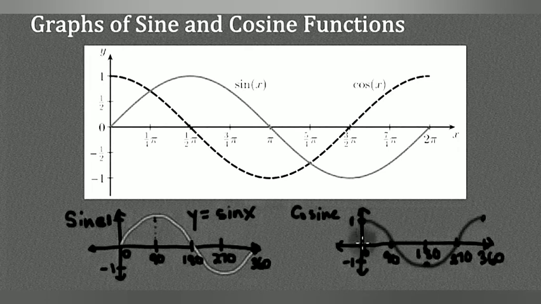So from 1 to -1 has a value of 2, but you divide that by 2, so 2 divided by 2 is 1. We say it has an amplitude of 1. Same thing over here. It gets a high value of 1, but then a low value of -1, so that distance is 2, but you divide it in half, and you get 1. It has an amplitude of 1.